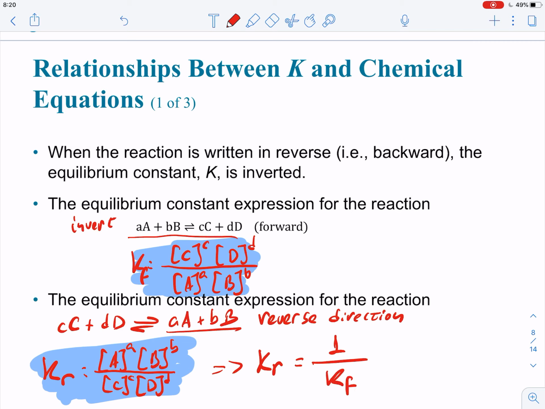So simply put, if you invert a reaction, the equilibrium constant for that reaction is going to be the reciprocal of the initial equilibrium constant.